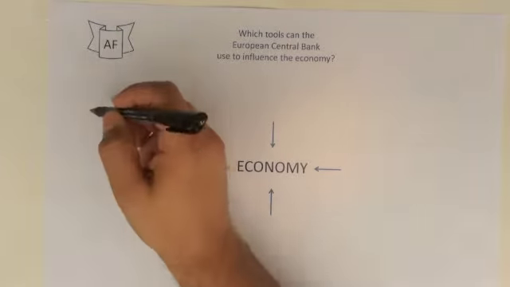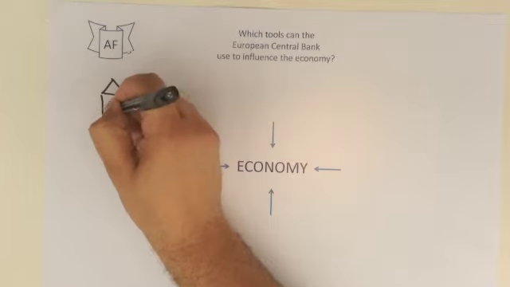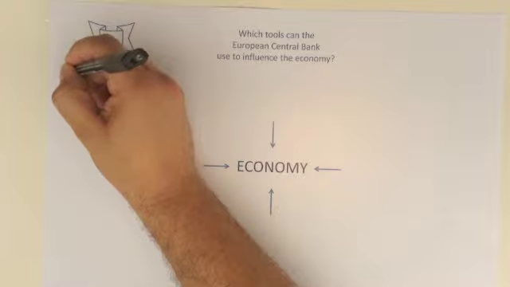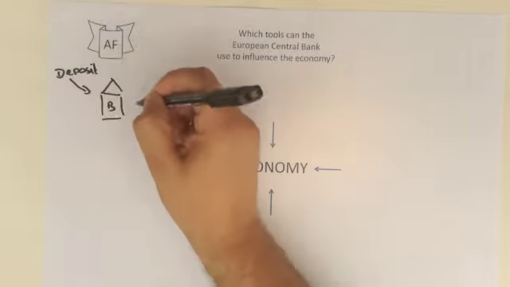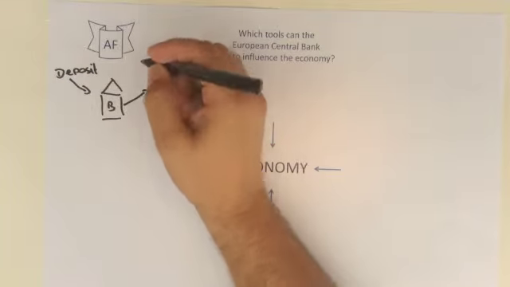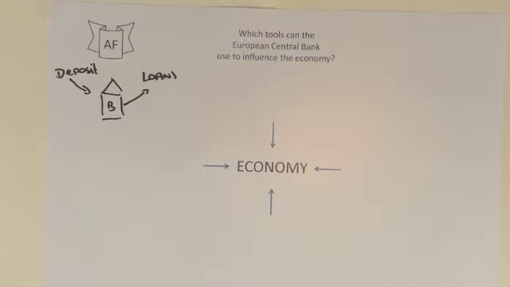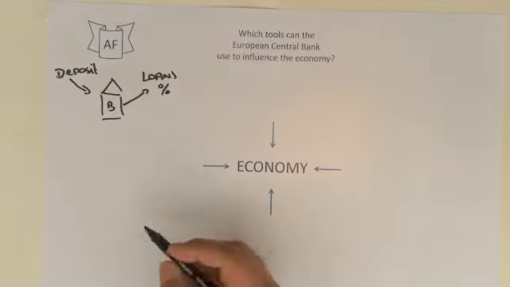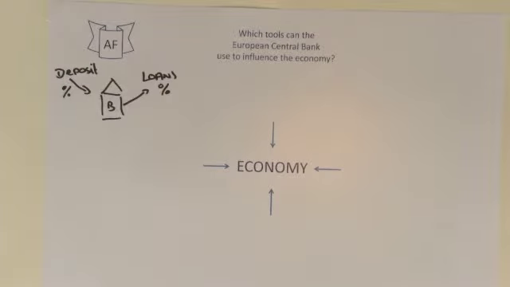So essentially banks, this is a bank, take in deposits from people that are saving money. And then with that money, they make loans to people that need to borrow money, right? And they make money on the difference between the rates that they charge the people that borrow money from the rates they have to pay to people that deposit money in the bank.